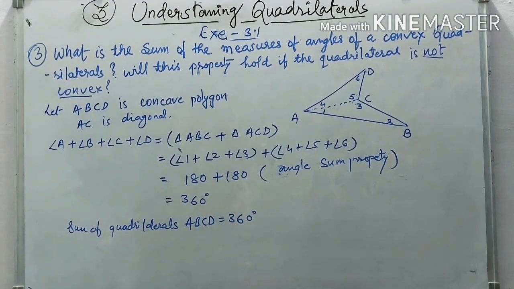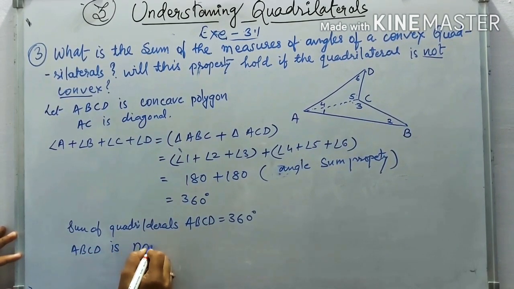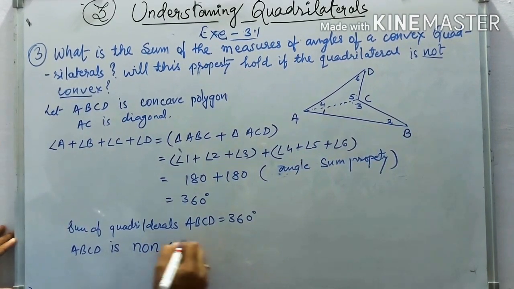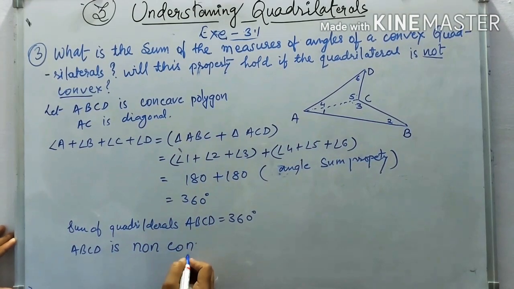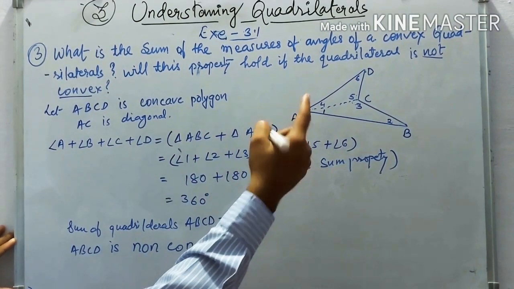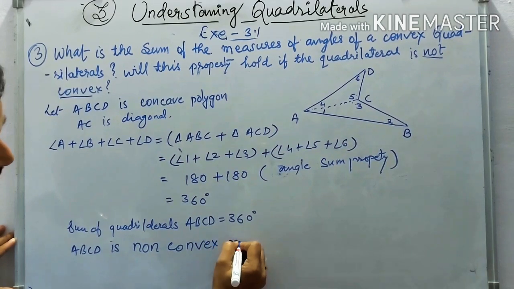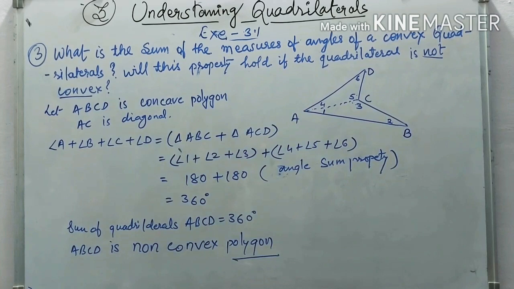And ABCD is non-convex. This type of ABCD is a non-convex polygon.